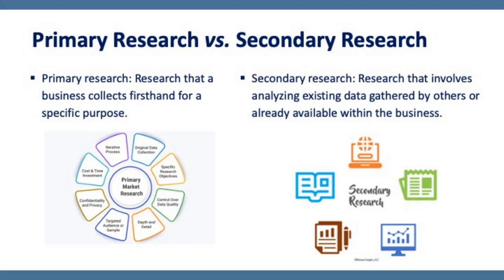And you also have more control over what information you collect and from whom. So that's the advantage. However, as you could imagine, this type of research requires more time, money, expertise, and access to participants.